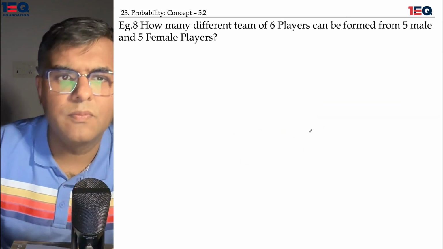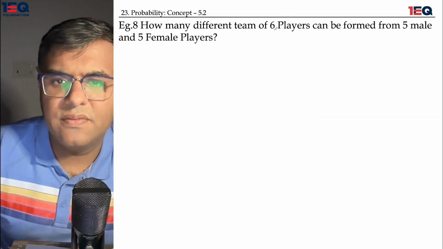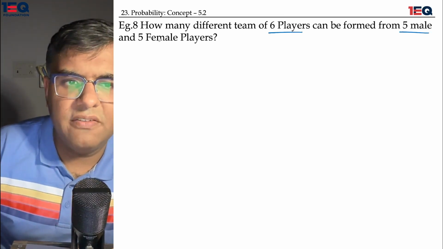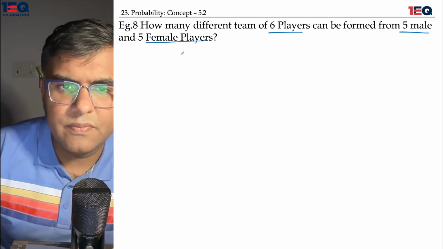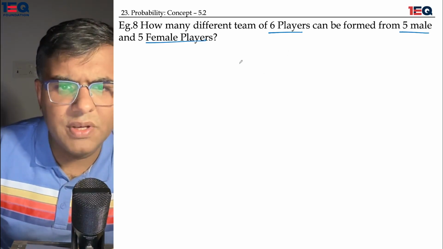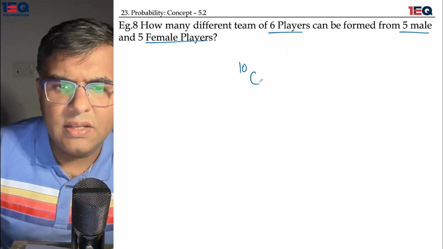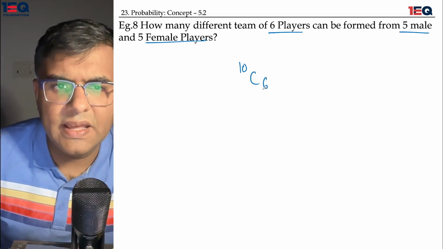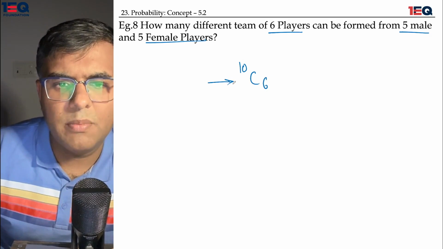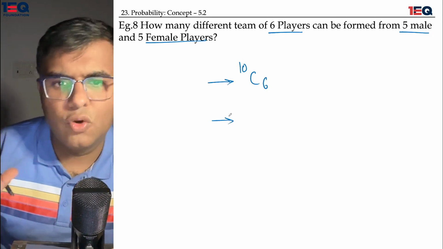Let's move on. How many different teams of 6 players can be formed from 5 males and 5 female players? Okay. I need to pick 6 players. Simple combination formula. 10C6. Out of a team of 10 people, I need a group of 6 players.